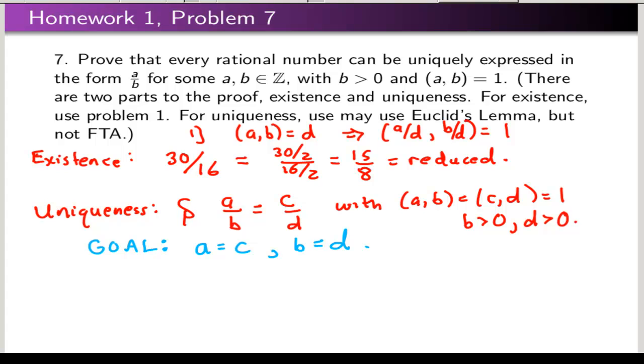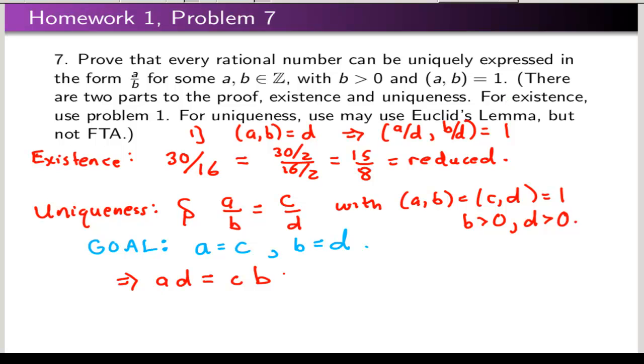Well, okay, so the first thing you want to do is clear out all the denominators. And if you've done that, you are off to a good start. So AD equals BC. And now I gave you this hint. Think of Euclid's lemma.